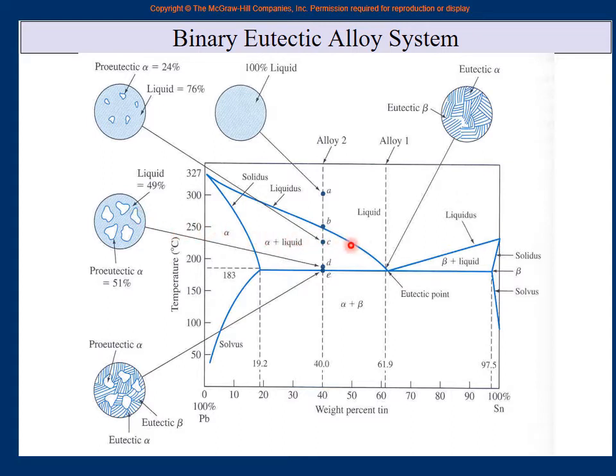Here is the weight percent solid, here is the weight percent liquid, and here is the original composition, 40. What is the mass fraction of the liquid? This value minus this value upon the total. What is the mass fraction of solid? Opposite side, this value minus this value upon the total. That is what they are doing there.